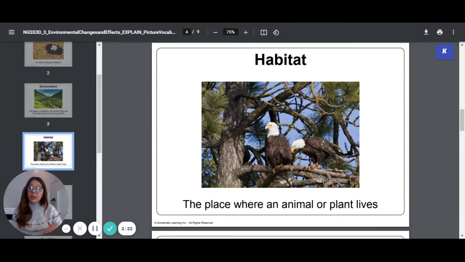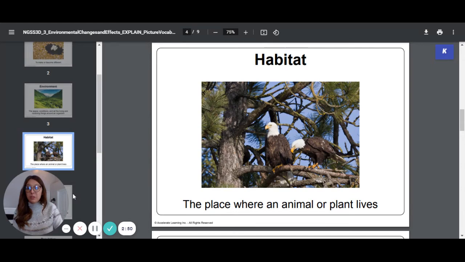So in this unit, if we're talking about environmental changes, we know that there are a lot of habitats in a lot of different environments that can be negatively impacted. That means that they can be changed for the worse, right? Because of actions that either happen naturally, like tornadoes, or things that are done by humans, like if we build a new shopping center on a piece of land.